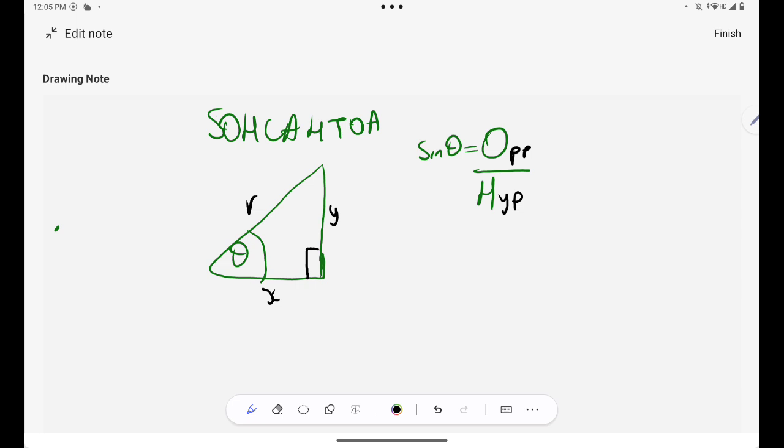So sine is equal to opposite over hypotenuse, and cos of theta is always adjacent over hypotenuse. And then tan of theta is always opposite over adjacent.